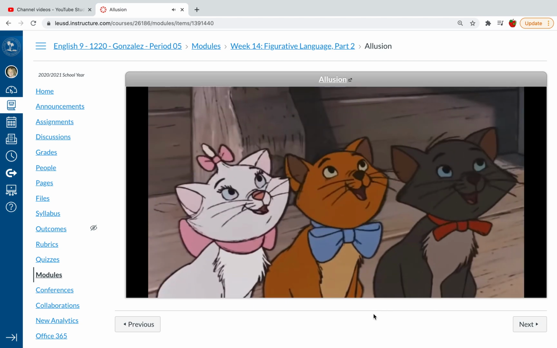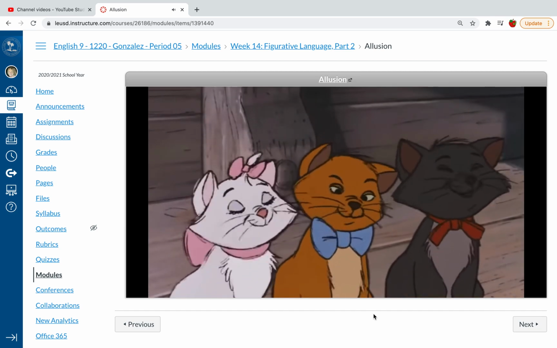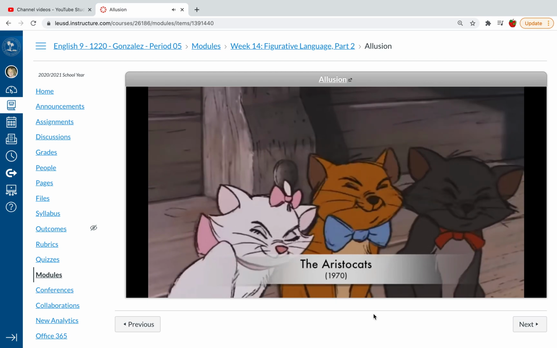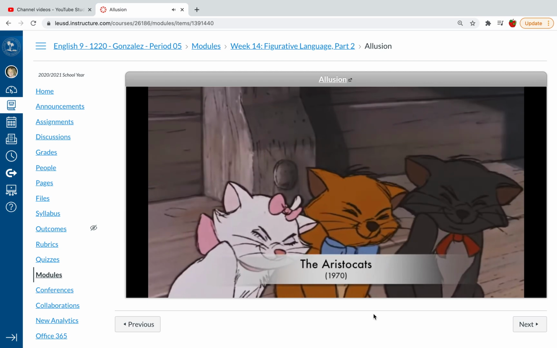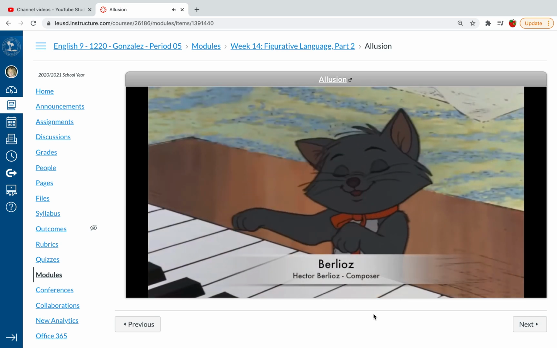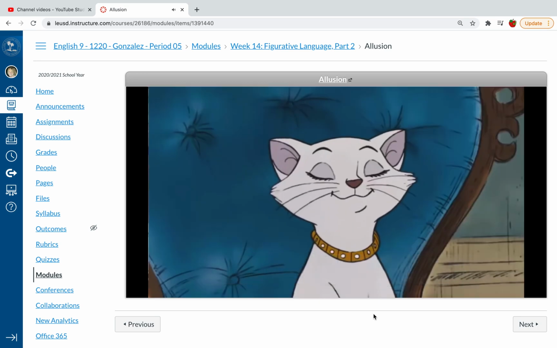Another common way authors use allusion is when naming their characters. A really great example of this is in Disney's The Aristocats. The three kittens are not just cute and fluffy, they are named after famous figures from French history. The musical black kitten, Berlioz, is named after the famous French composer Hector Berlioz.